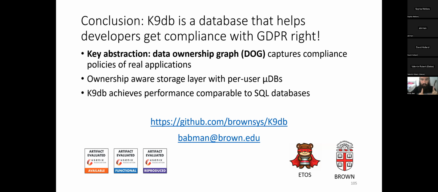What we're doing is, if data in the table is owned by multiple people, we're copying it into multiple column families. There will be a column family for you, a column family for me, a column family for whoever else. The data that is owned by me will be stored in my column family. Data owned by you will be stored in your different column family. Think about it at a high level that way.